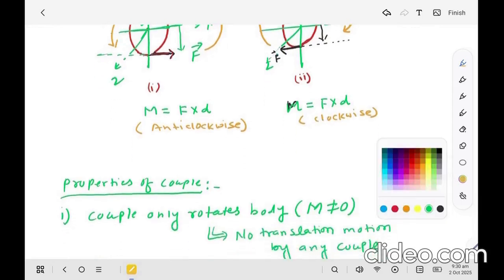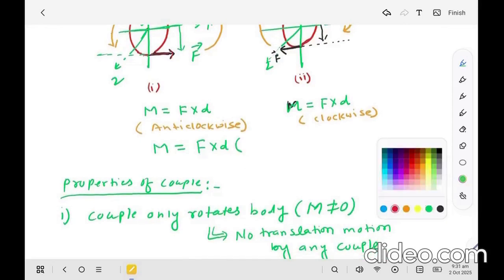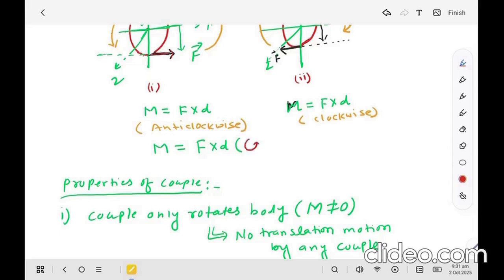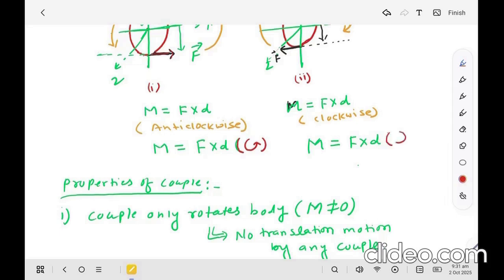So we can write the moment in this case as F into D, and the direction will be anti-clockwise. And for this case, M equals F into D, and the direction will be clockwise.